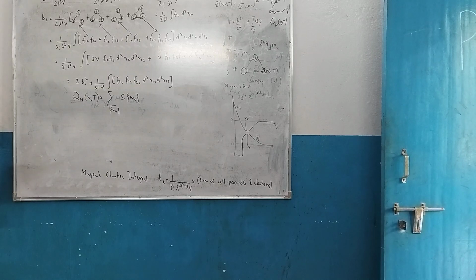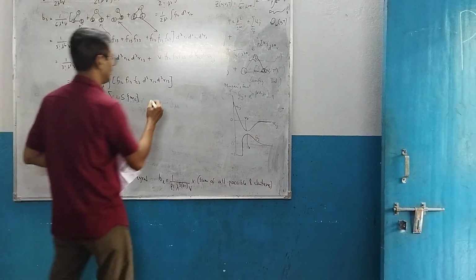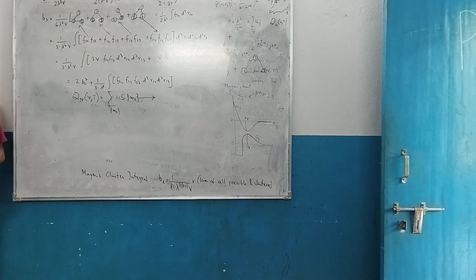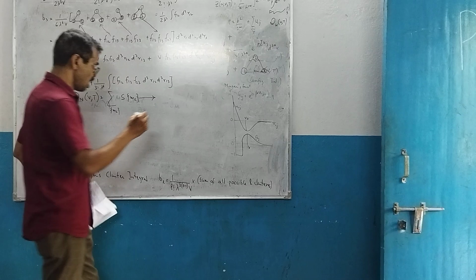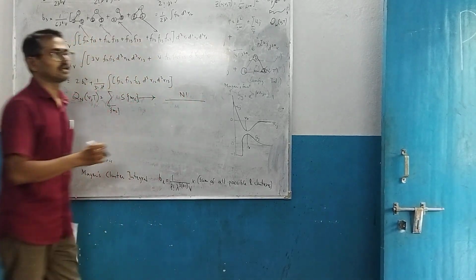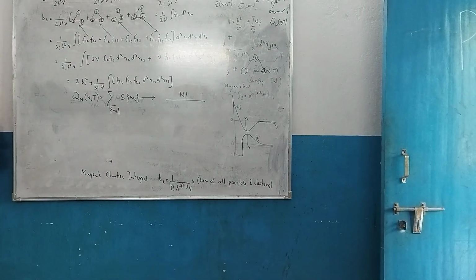Now, if you really want to write this S ml, you need to first of all check out how many configurations are there. Suppose you have n particles, so there are n factorial configurations. So it would be n factorial, and this n factorial is always over counted. Why? Because for each particular cluster you have again different configurations.